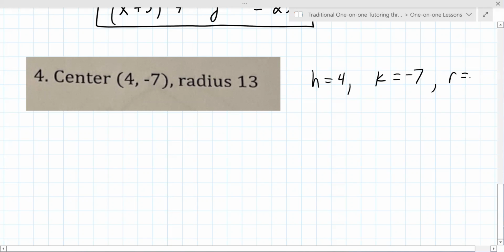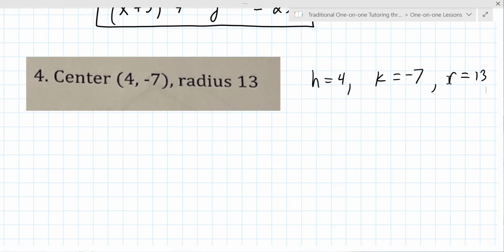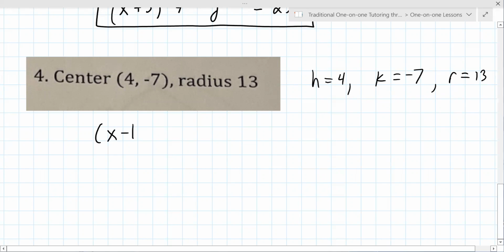Did you get for the values of h, k, and r, h is 4, k is -7, and r is 13? Yeah. Perfect. So it's x minus h squared plus y minus k squared equals r squared.